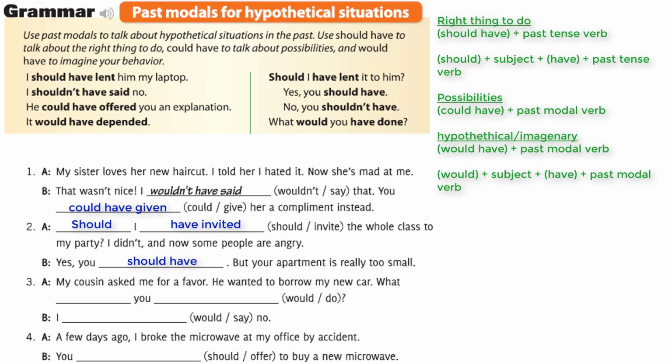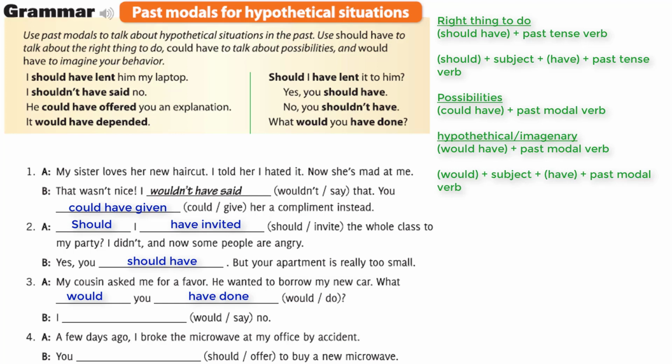Number 3. My cousin asked me for a favor. He wanted to borrow my new car. What would you have done? So here we change the word do to done. And in the answer, we're going to change the verb say, and we're going to add the word have.